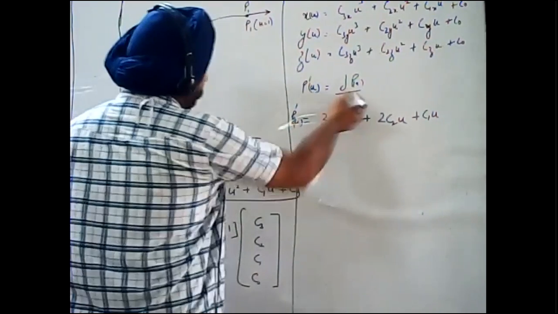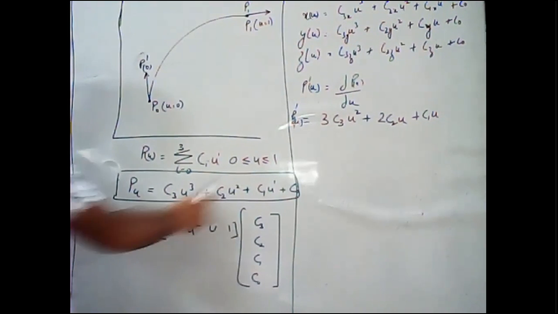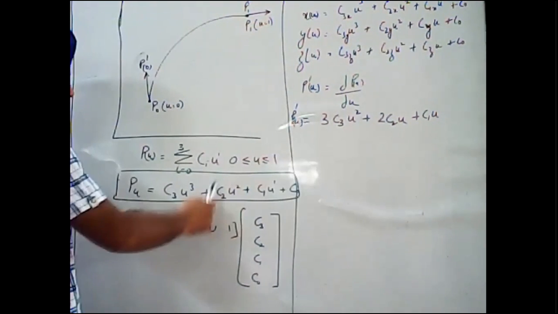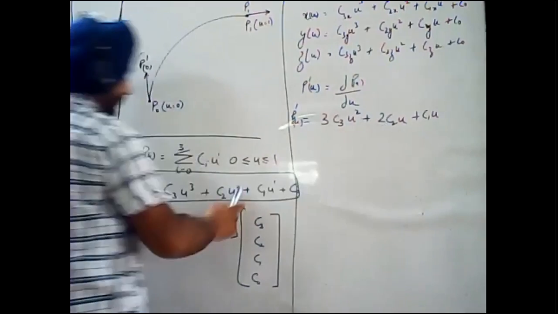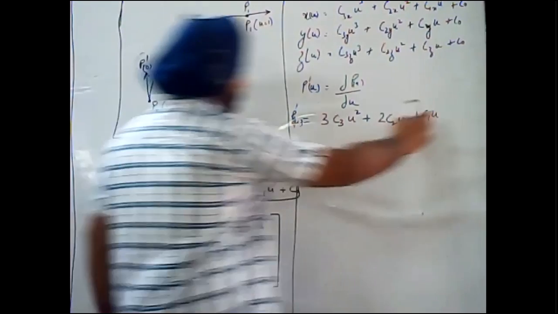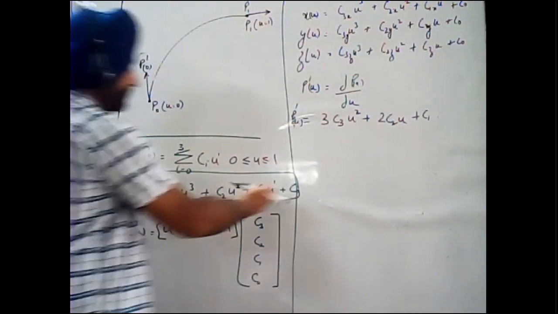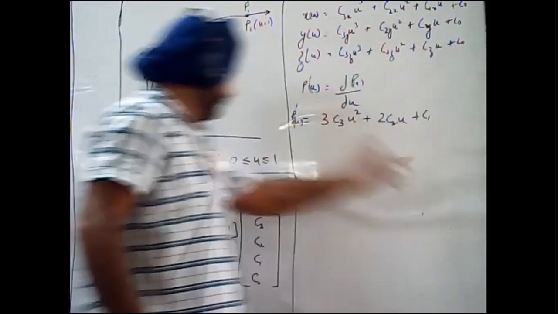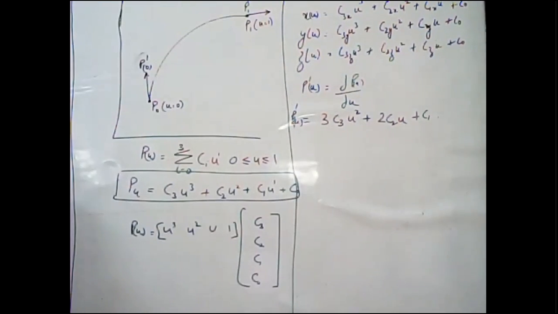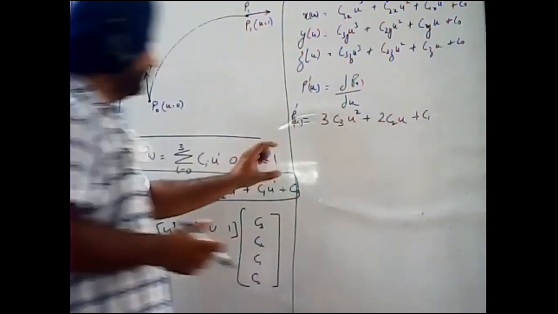If you differentiate with respect to u, it becomes 3c3u square, then 2c2u and c1. Sorry, there will be no u; it is raised to power 1 minus 1, so it will become c1. There will be no c naught in this case. So this is the differential of this particular equation.